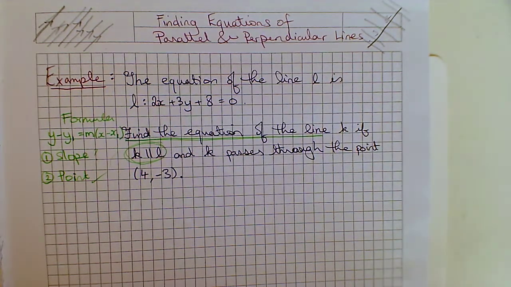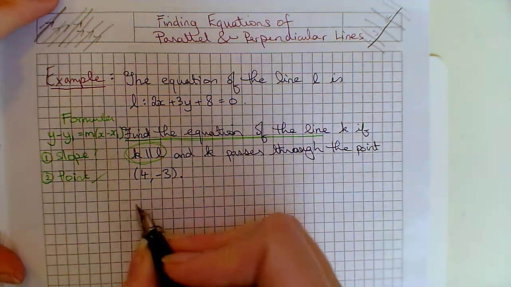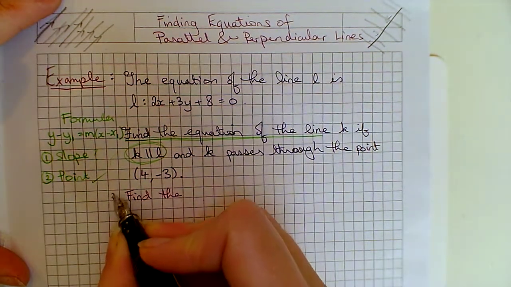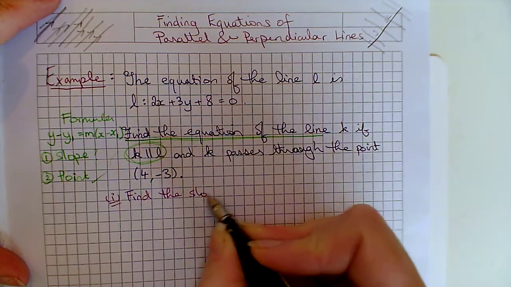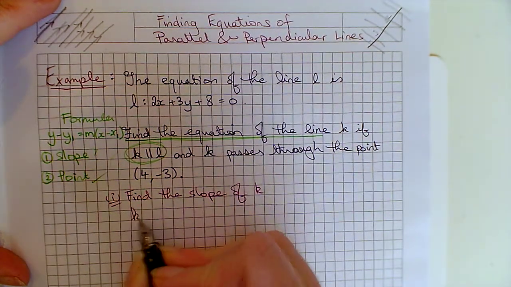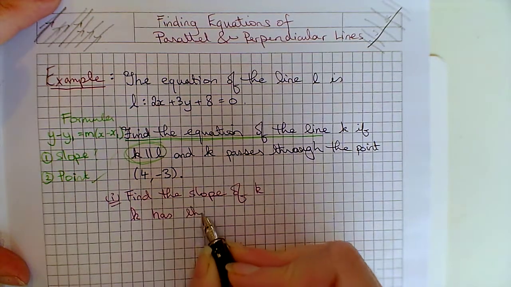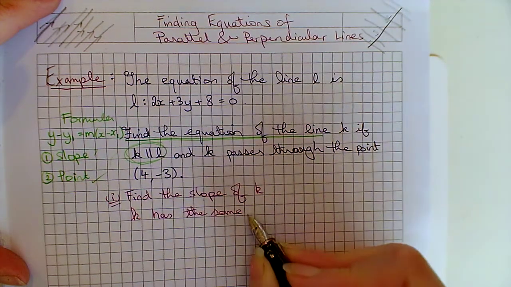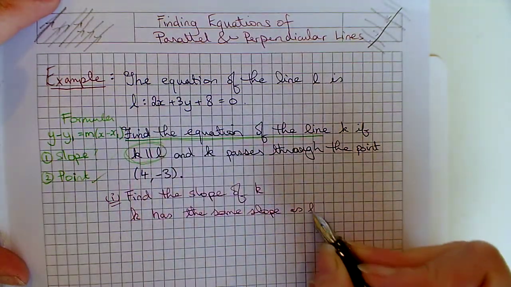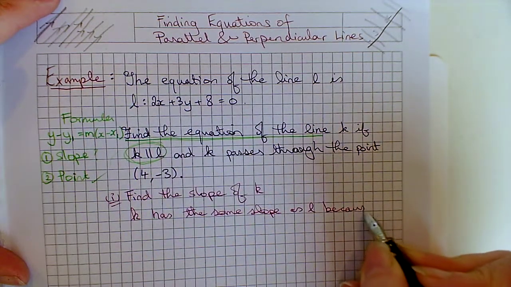So the first thing I'm going to do here is find the slope of my new line, k. k has the same slope as l because they are parallel.